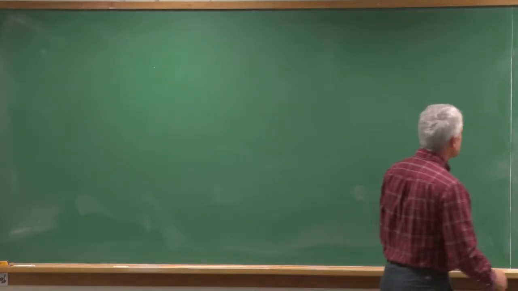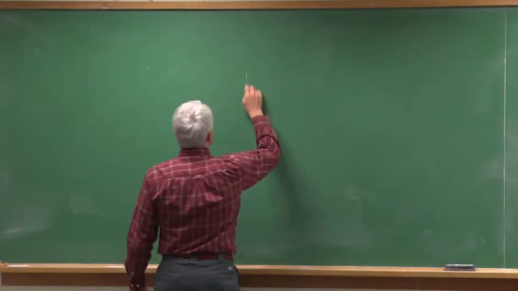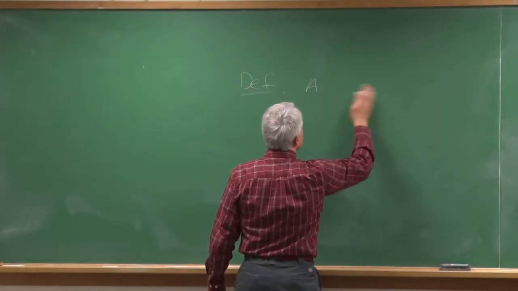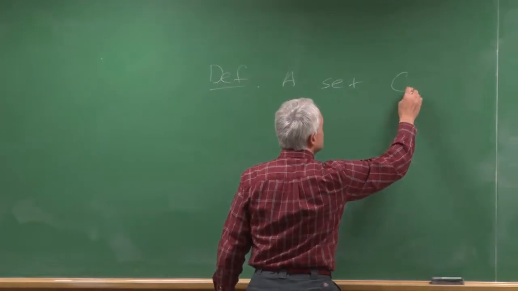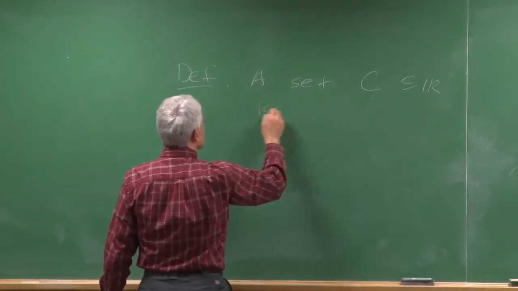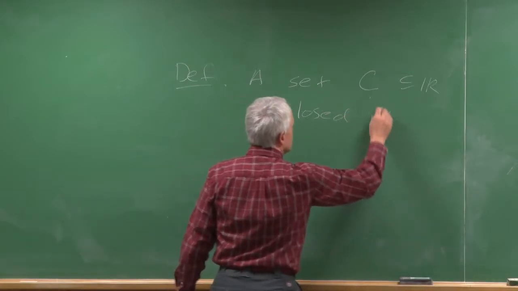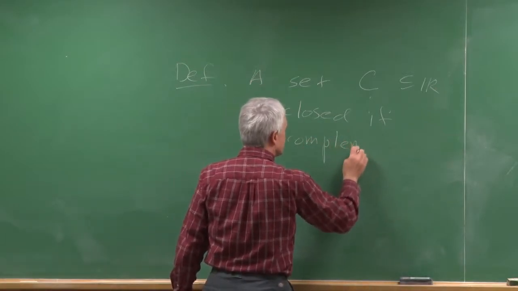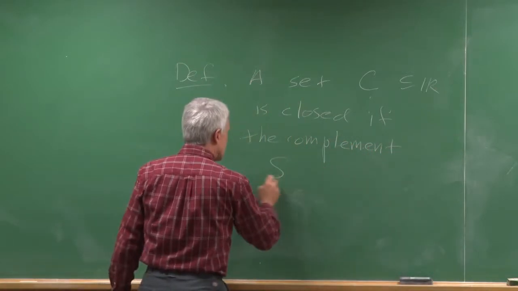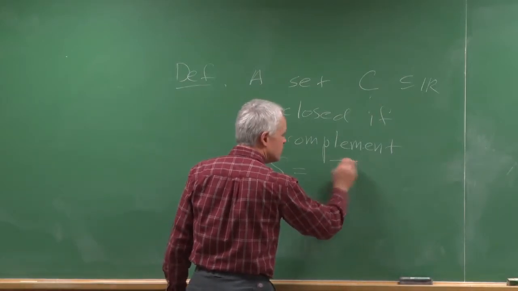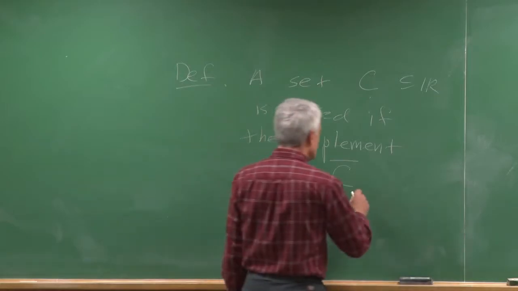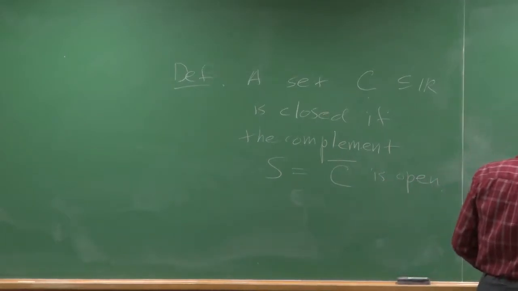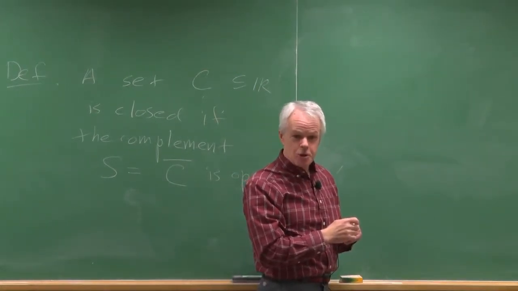So let's say a set C in R is closed if the complement, which I think you write with a bar, is open, and then we have to think about what that means. A good example is a closed interval.